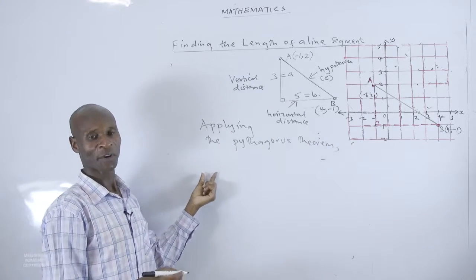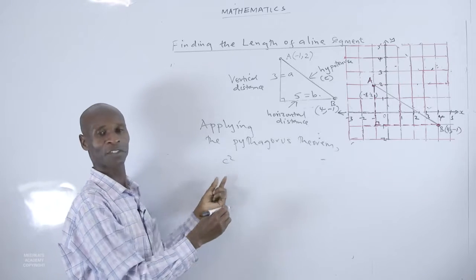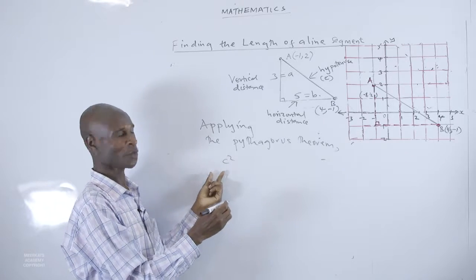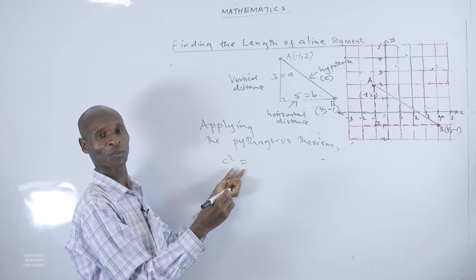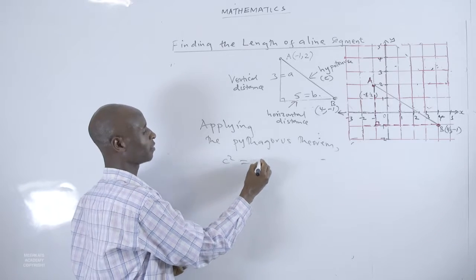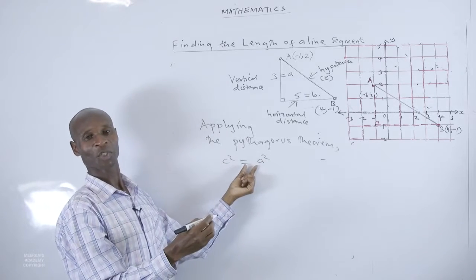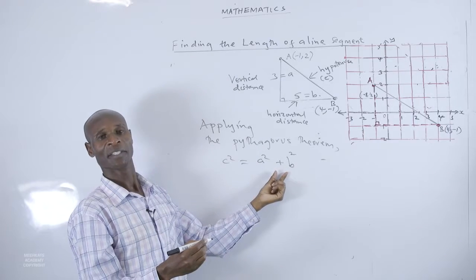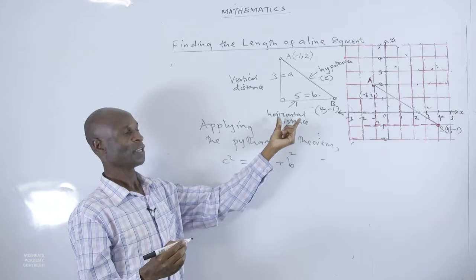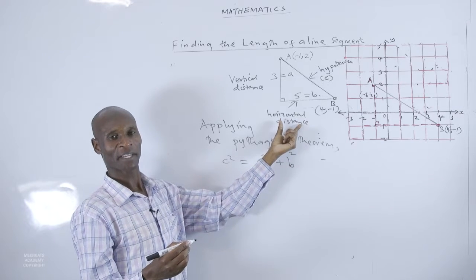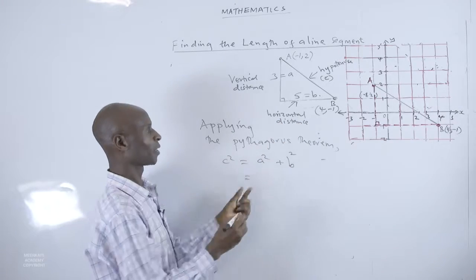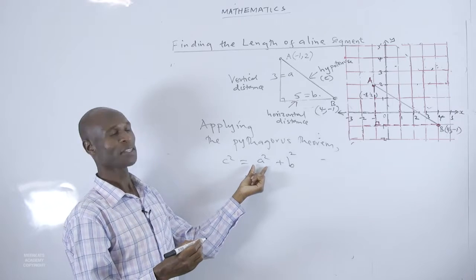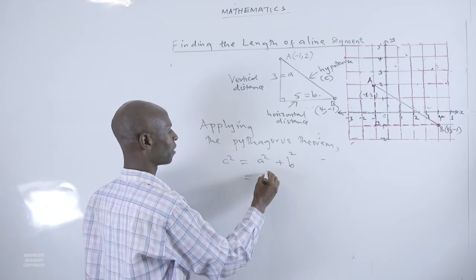Applying Pythagoras theorem, C squared, which is the hypotenuse squared, will be equal to A squared, which is one of the shorter sides, plus B squared, which is the base of that right angle. Our A in this case is 3 units.